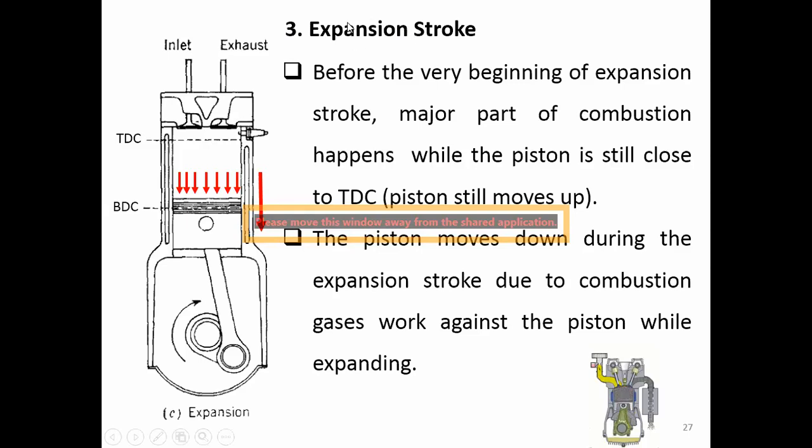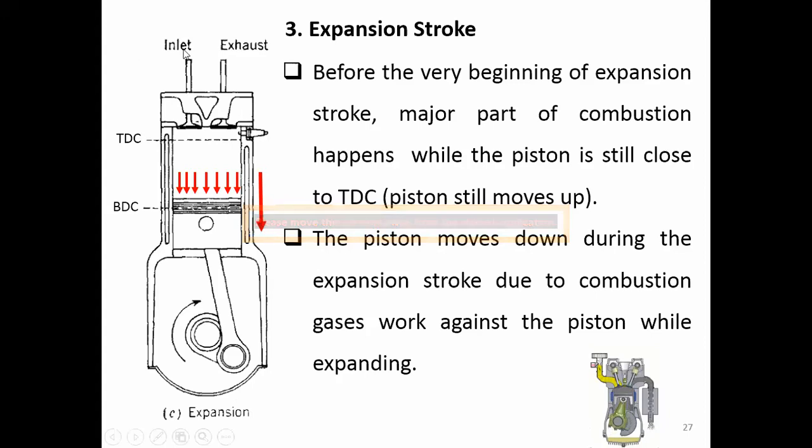Normally we consider that the expansion stroke happens when the piston starts to move down, because the combustion gas works against the piston while the cylinder volume keeps expanding. So in the expansion stroke the piston keeps moving down.